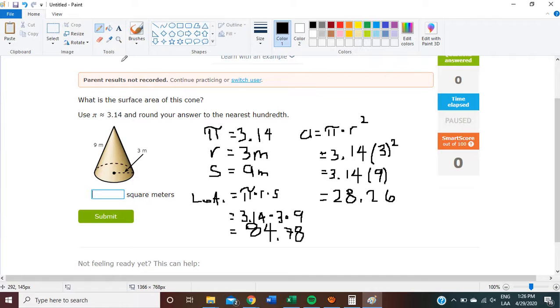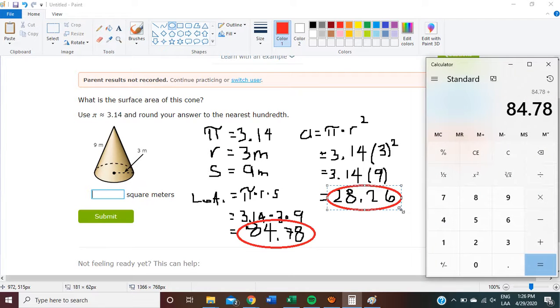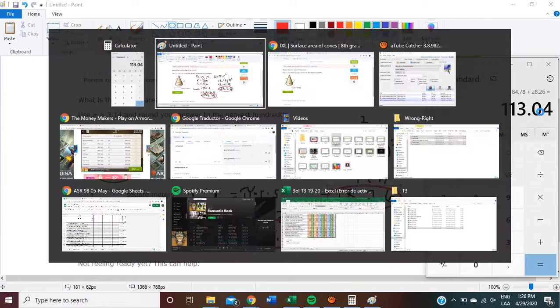So what do we need to do now? We need to add these two values that we got, this one and this one. When we add them, 84.78 plus 28.26 equals 113.04.